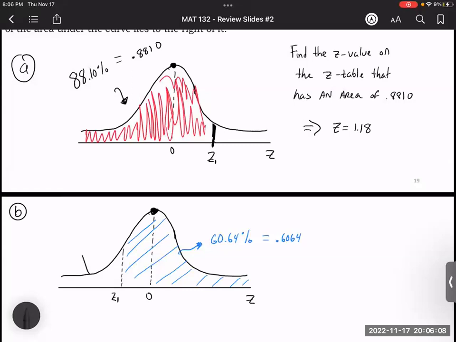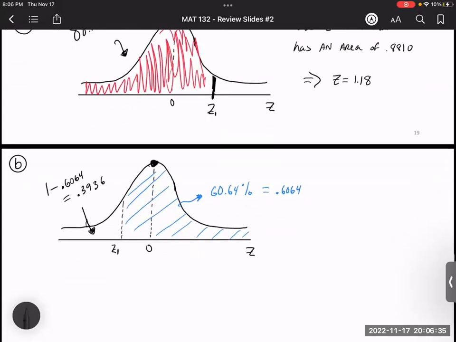If I want that area, it's 1 minus the area to the right of our Z value. So it's 1 minus 0.6064. If I do the subtraction there, you get 0.3936.